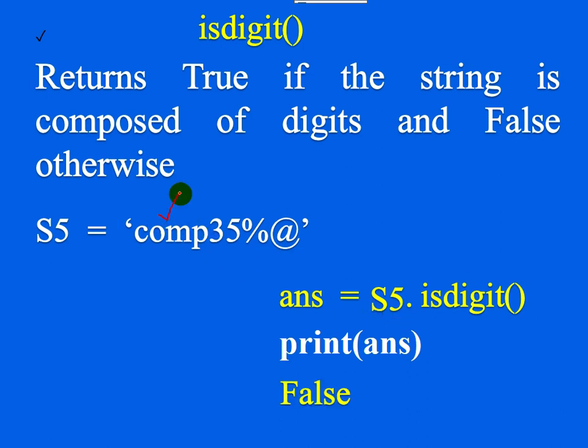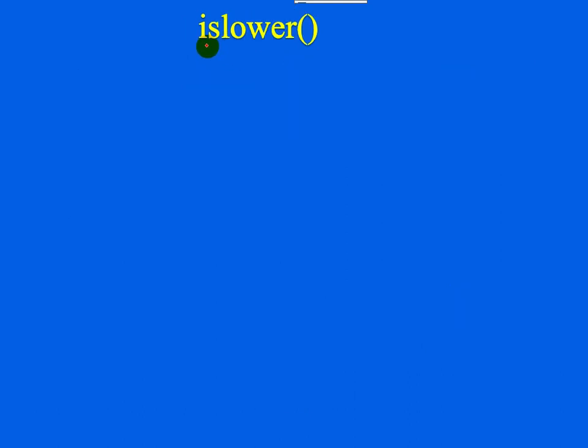False, because alphabets are coming, special symbols are coming, so this is not completely composed of digits. Okay, so this is the next important built-in function isdigit that also returns either true or false. If the string is completely composed of digits, the word digit means 0 to 9, the function returns true, otherwise it returns false.